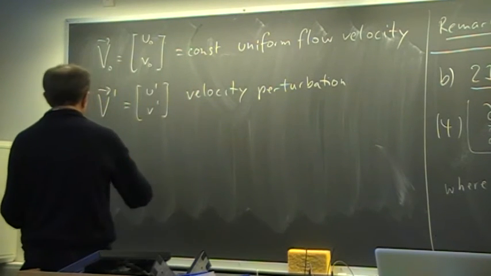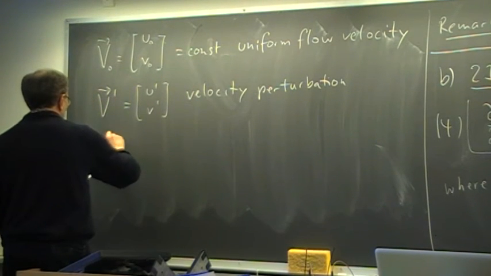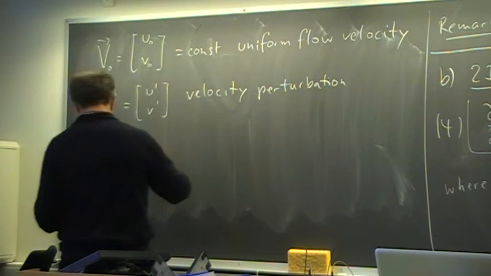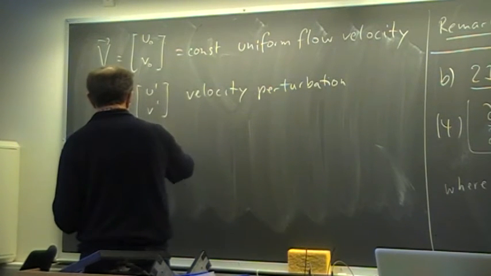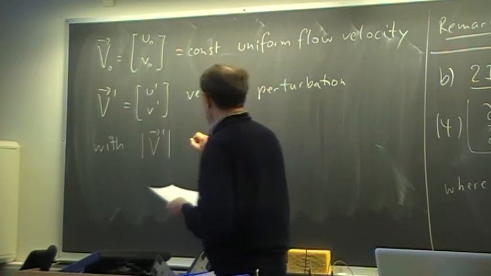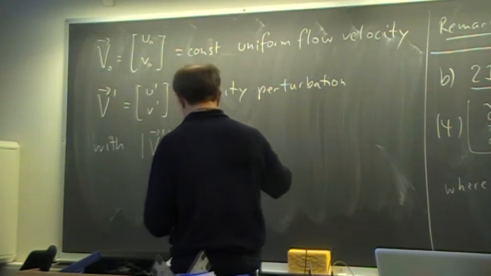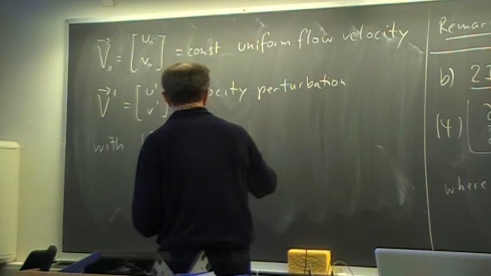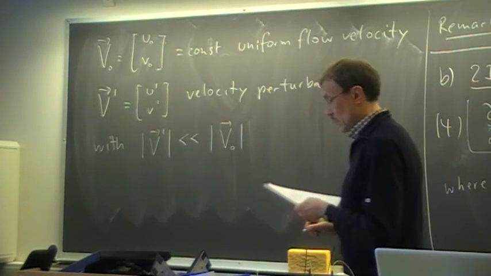But important in this consideration when we do the linearization is that we assume that the perturbation modulus is much, much smaller than the modulus of the uniform flow. So that is the assumption.